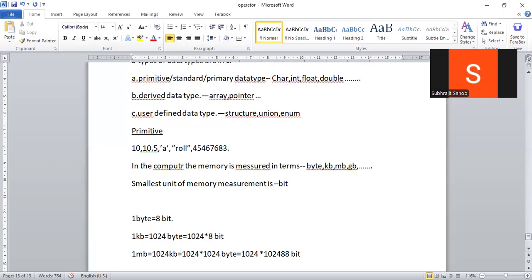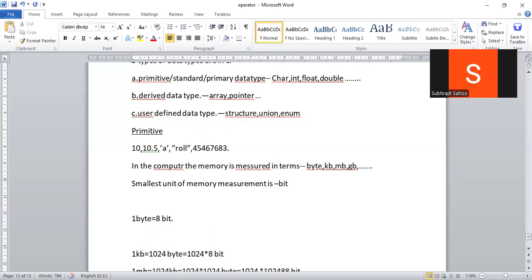One more interesting thing is that one nibble equal to 4 bit. One byte equal to 8 bit. One nibble equal to 4 bit.